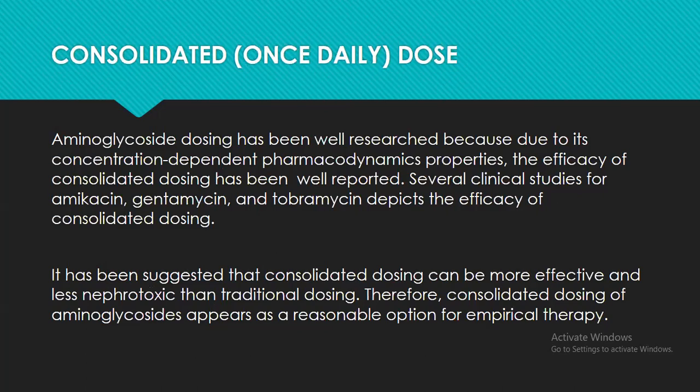This means that in renally impaired patients, who usually get renal impairment due to chemotherapy as well, consolidated dosing can work in reducing nephrotoxicity. It can result in less nephrotoxicity than the traditional dosing which we usually use. Therefore, consolidated dosing of aminoglycosides appears to be a very reasonable option for empirical therapy.